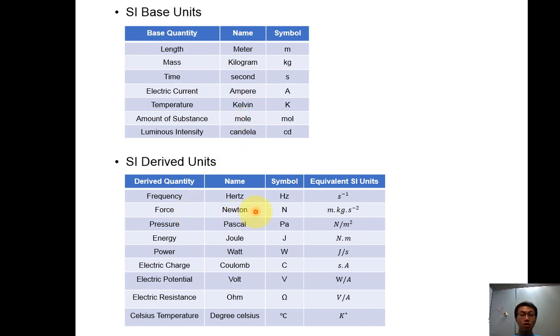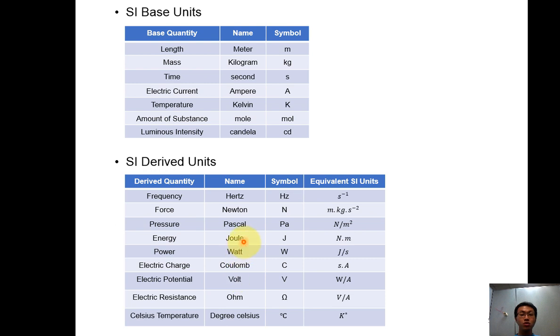Force, the name is newton, and another equivalent SI unit is meter times kilogram times second to the power minus 2, which is divided by s squared. Pressure, we use pascal, Pa, or newton per meter squared.